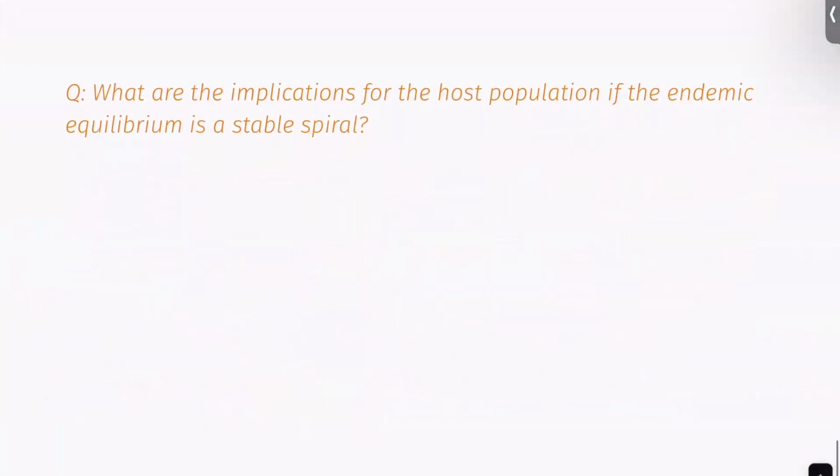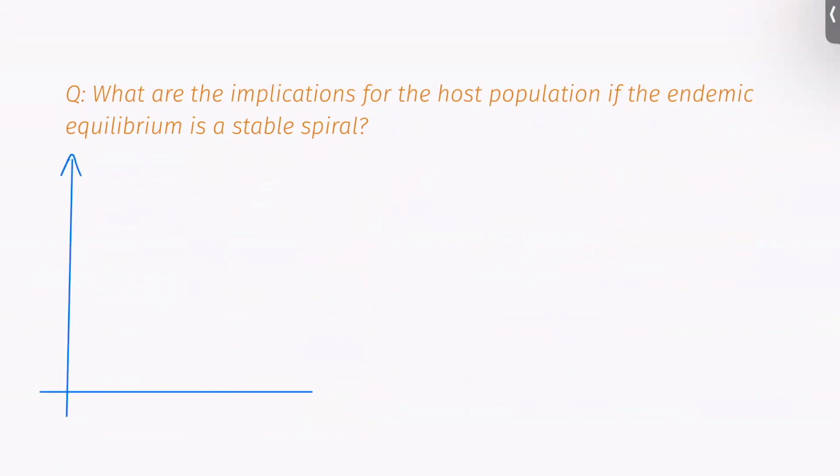Okay, so what are the implications for the host population then if the endemic equilibrium is a stable spiral? So let's think about what this looks like, first of all, if we were to sketch something in the UV plane.